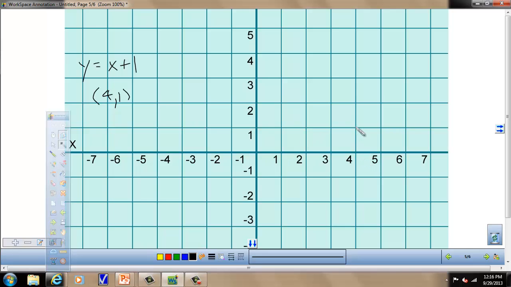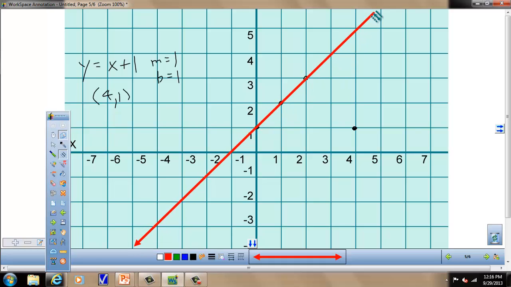This has a slope of 1, or 1 over 1, and a y-intercept of 1 as well. So we start with the y-intercept and we go up 1. From there, we go up 1 over 1, up 1 over 1, and we draw our line. So the line looks like that.